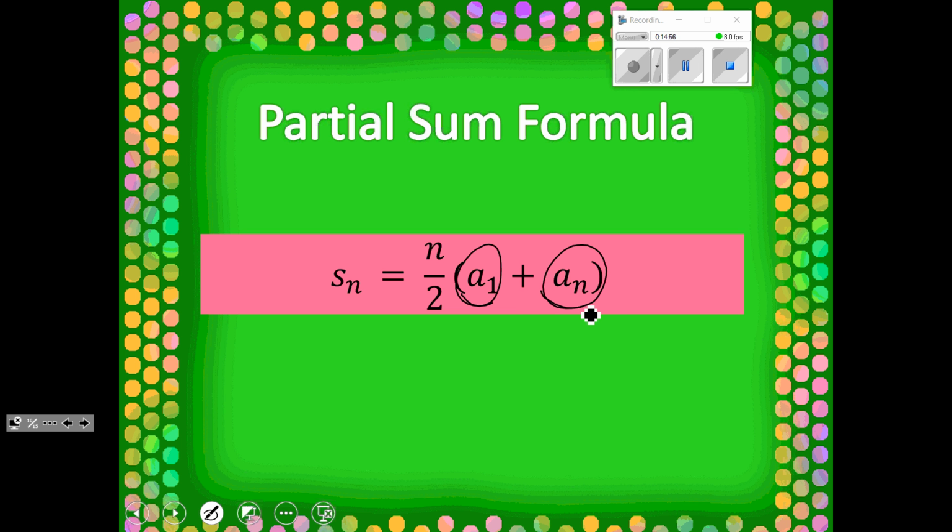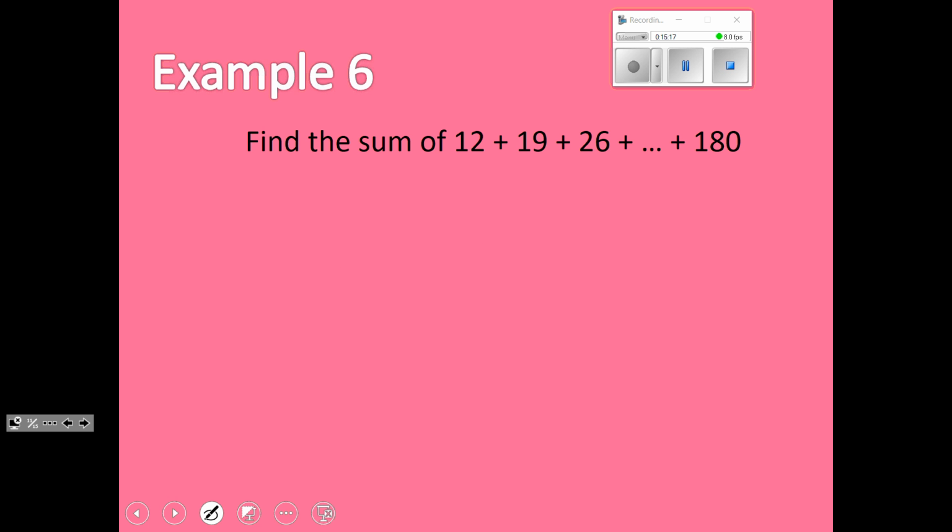What is a sub n? It's the value of the term you're talking about. Like if you're talking about the 10th term, then the value of that 10th term would be a sub n. That would make n 10. And S sub n is what you get when you add it all together. It's your sum.